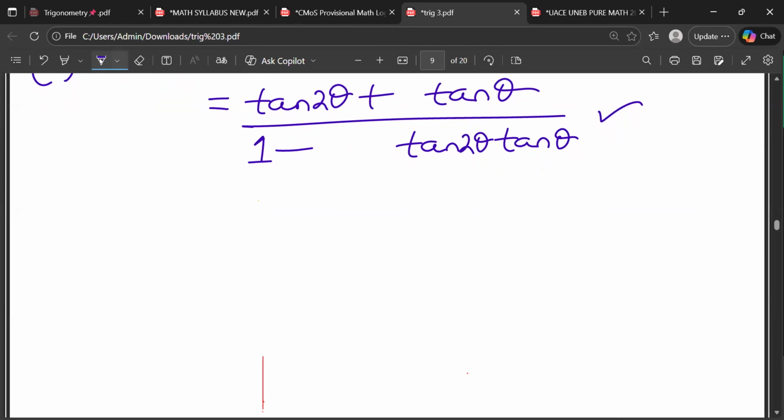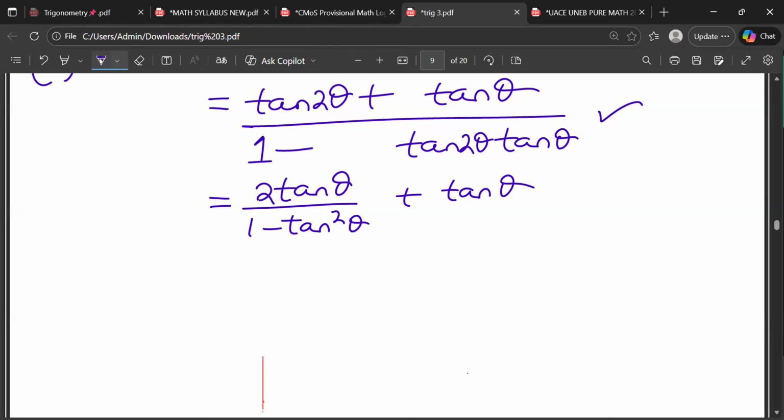So you all know that tan 2 theta is 2 tan theta over 1 minus tan squared theta. So this one is plus tan theta, isn't it?